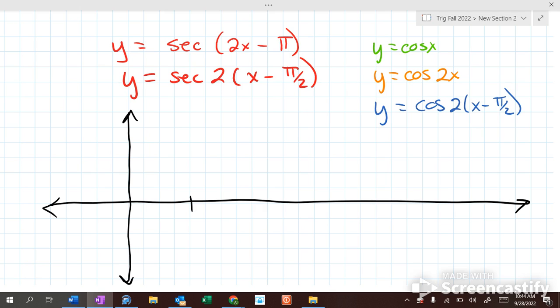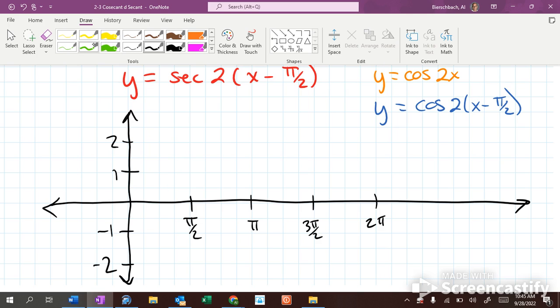So I want to go at least 4 to get to pi over 2. And then nothing's happening vertically at all. I don't have an addition on the outside or a number in front. So this won't be bad.